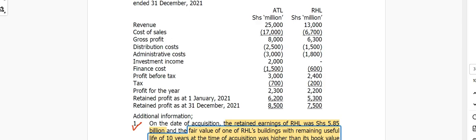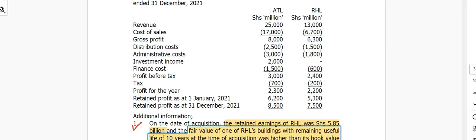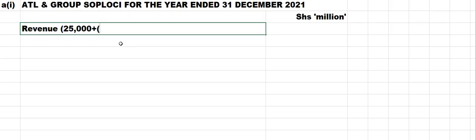That's 25,000, but then we have to add that of the subsidiary. Subsidiary has 13,000, but remember it is an acquisition during the year, so you have to multiply by 9 out of 12, and then don't forget to eliminate the intra group revenue.